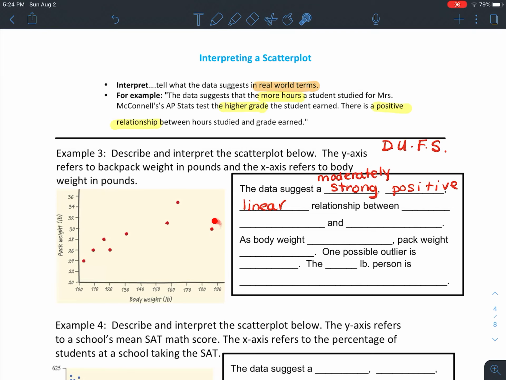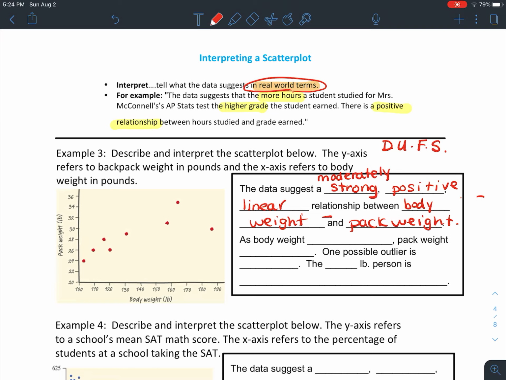Although you could argue they're starting to develop a slight curve, possibly due to that one point right there. So we're going to call this linear relationship between, here's our context, body weight and pack weight. I'm sorry, I should have just put body weight and pack weight.